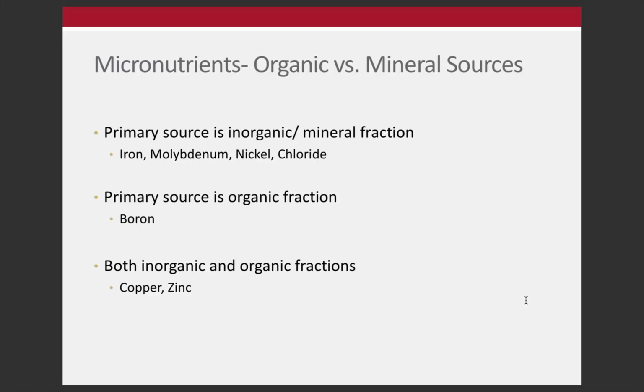And then two elements where the relative importance of the inorganic and the organic fraction in terms of cycling availability to crops or plants is relatively evenly distributed, and those are copper and zinc. Okay, so similar to the macronutrients that we've already discussed, micronutrients can be primarily driven by the inorganic cycle, i.e. the mineral cycle, or the organic cycle.